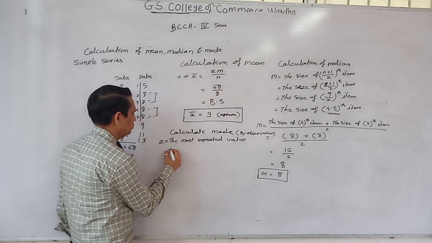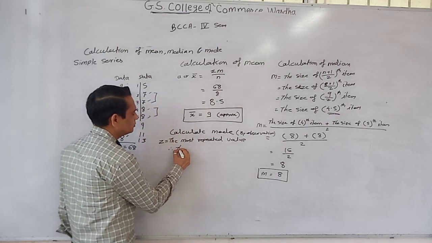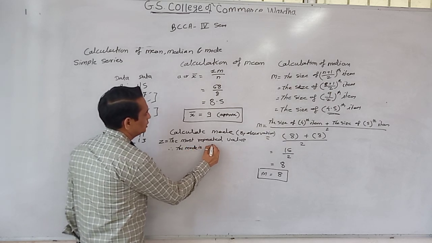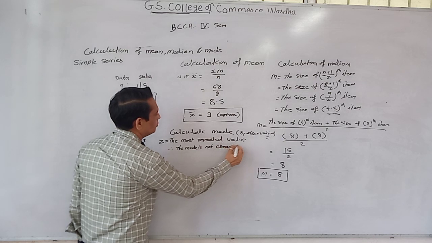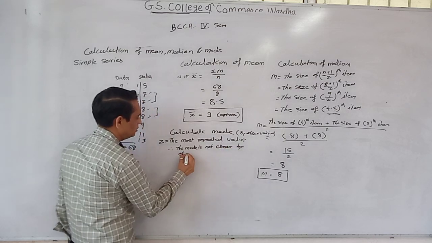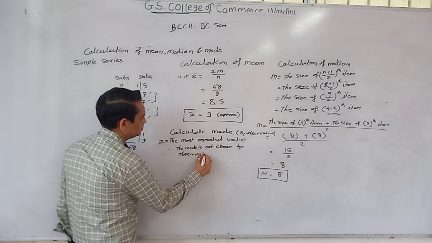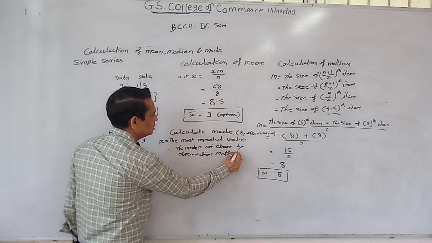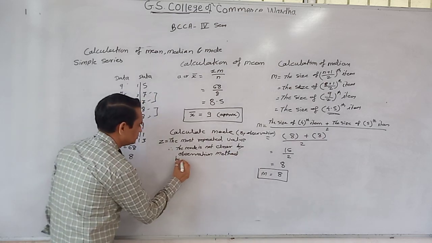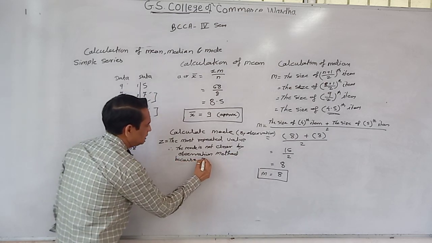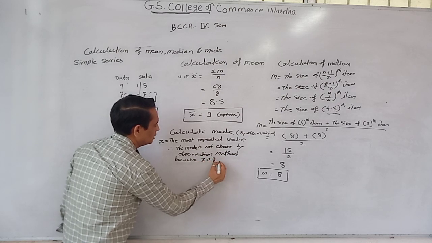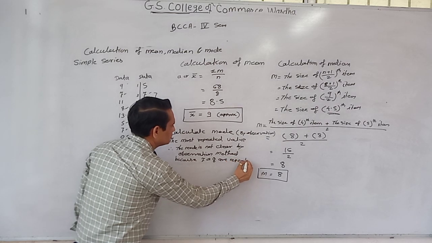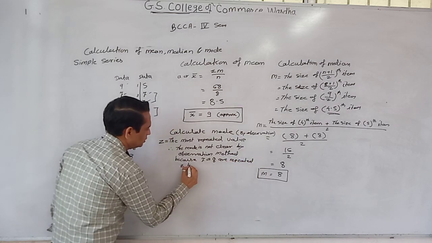Therefore we say that the mode is not clear by the observation method, because 7 and 8 are both repeated 2 times.